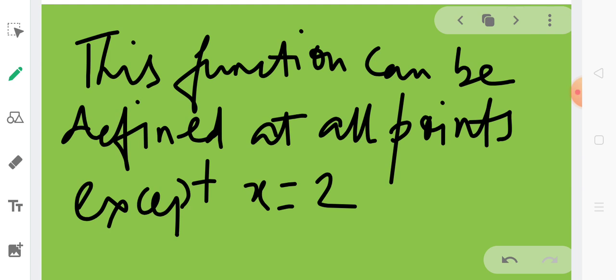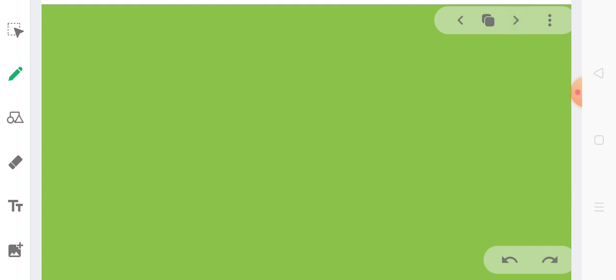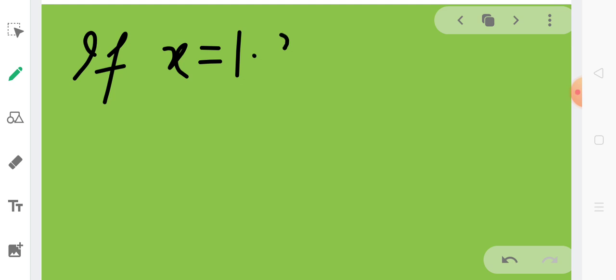So for all values of x very close to 2, that is more or less than 2, the function tends to a certain value. What value is it? Let us calculate. Like for instance, if x is equal to a value that is slightly less than 2, let us take x equal to 1.98.